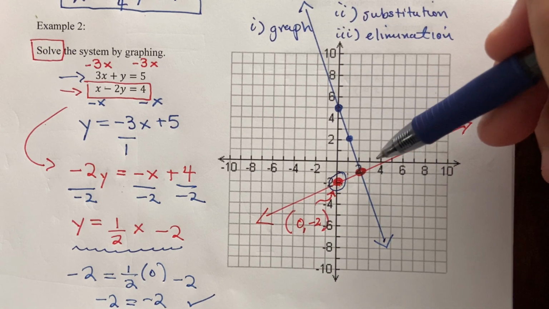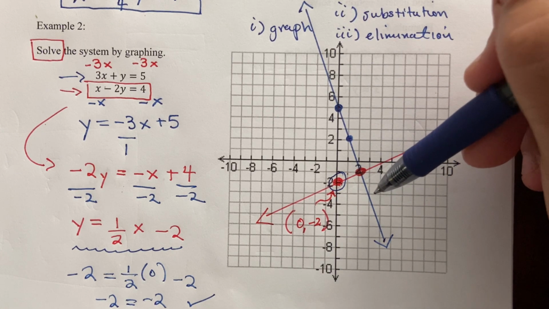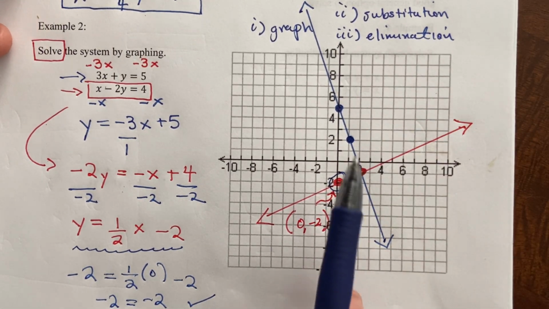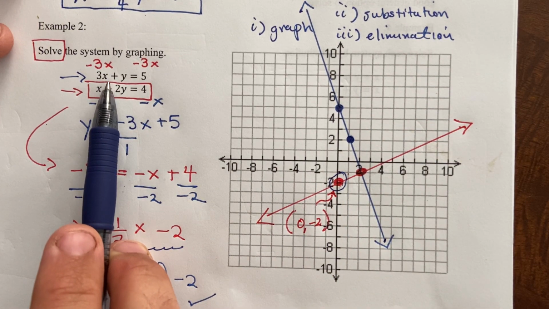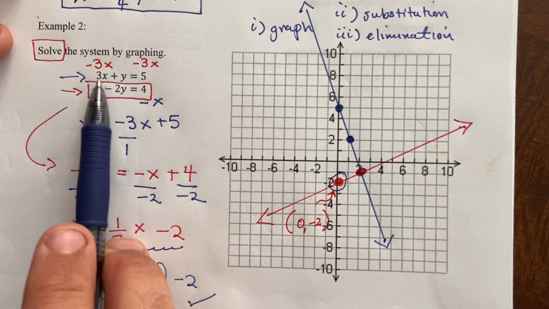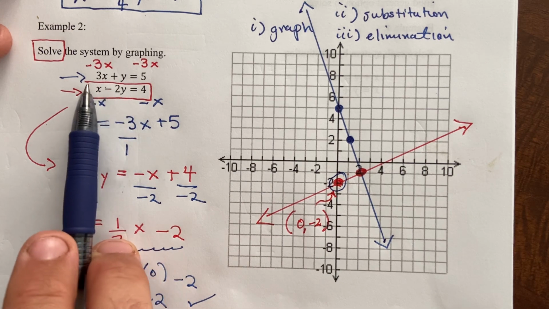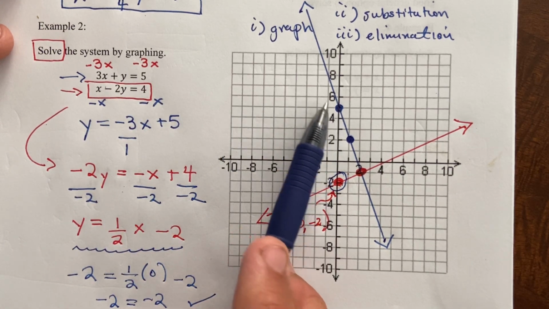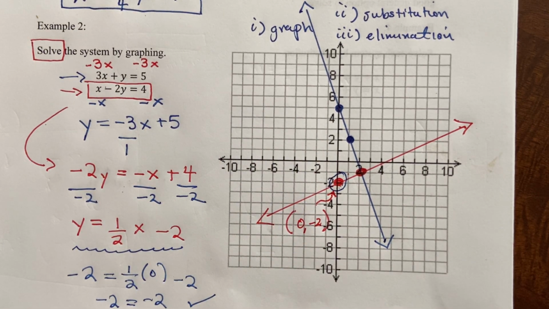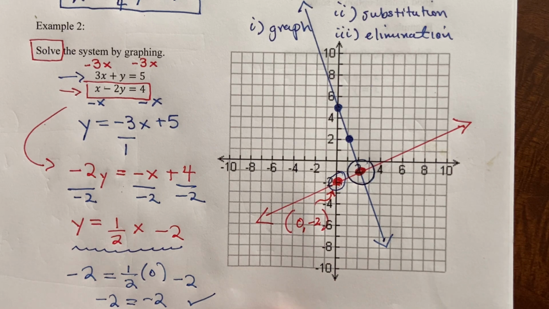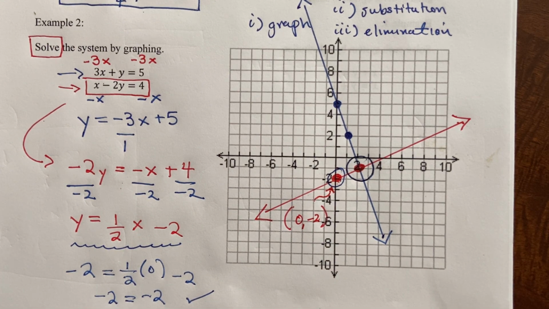If you're on the graph of the other equation, it means that you provide a true statement to the other equation. If you plug in any point on the blue line into this equation, then you get a true statement. However, there's one specific point right there that appears to lie on both lines.